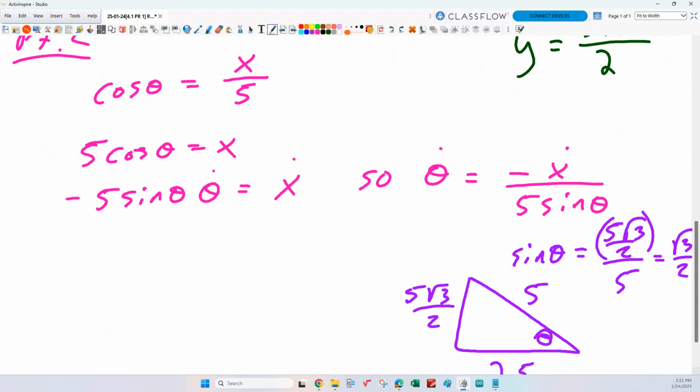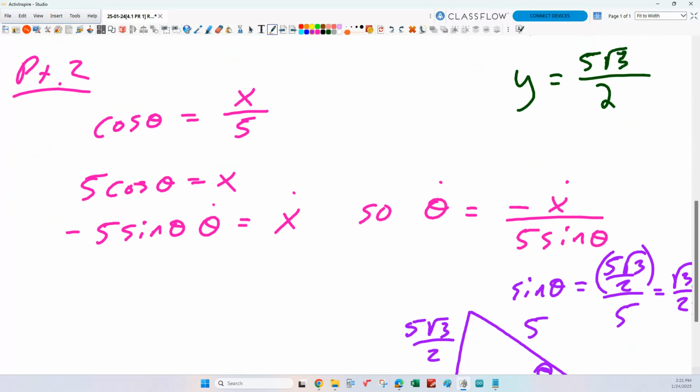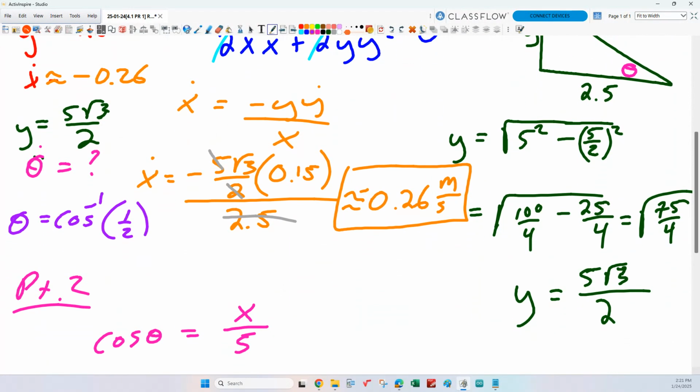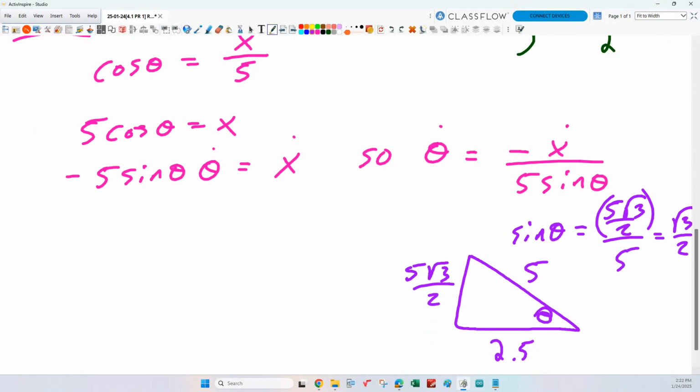We know those coordinates. So either way we do it, we could just turn that into pi over 3 radians, or we could write sine theta as a ratio, or we could use an arc cosine. Doesn't matter. We can use any of those and plug into our answer here to find theta dot.